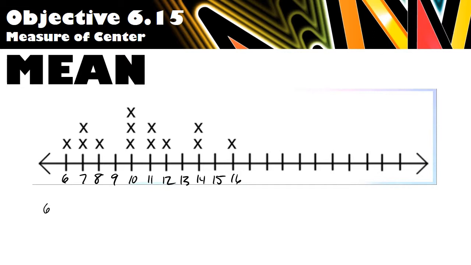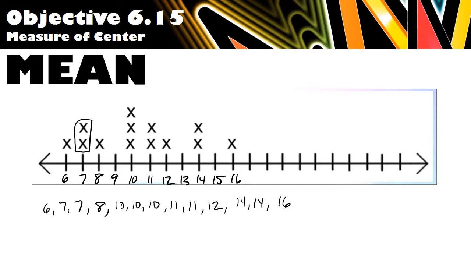We'd have 6, and then for 7, it's listed twice, so we write 7, 7, then 8. There's nothing on 9. Then 10 has 3, so we write 10 three times. Then 11 two times. Then 12. There's nothing on 13, so we write 14 twice. Nothing on 15, and then 16.